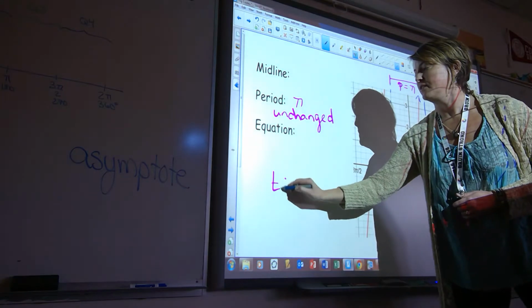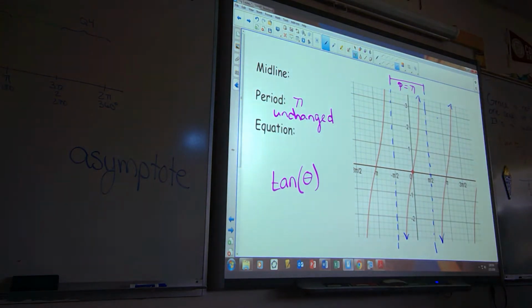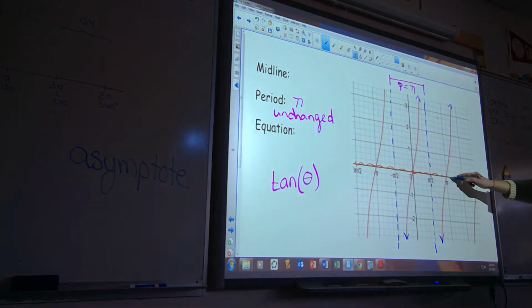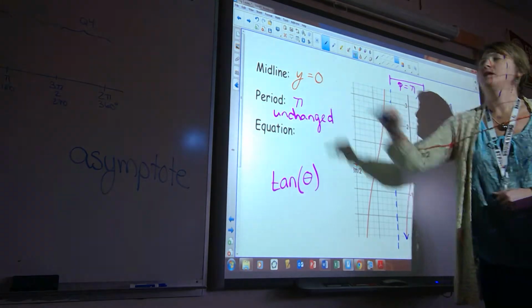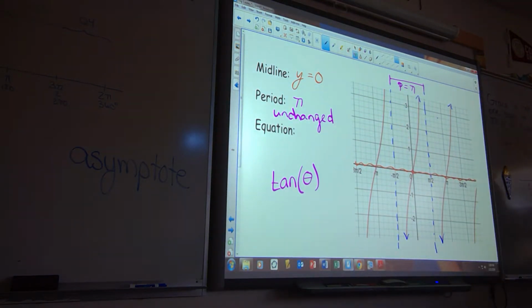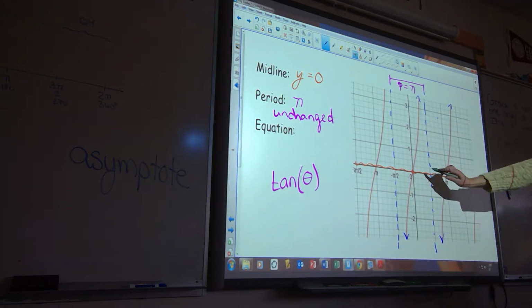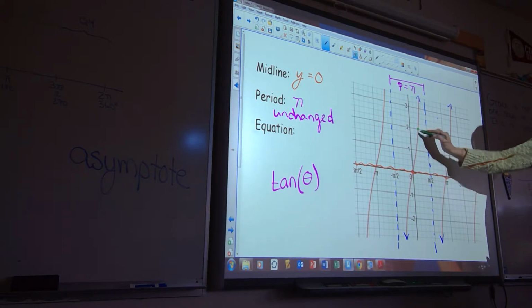So I know that there is no multiplier on my theta. The midline, let's see. There's my middle point. It's still at 0, so I don't have to add anything up or down. And let's see about our amplitude. Halfway between brings us to this point.